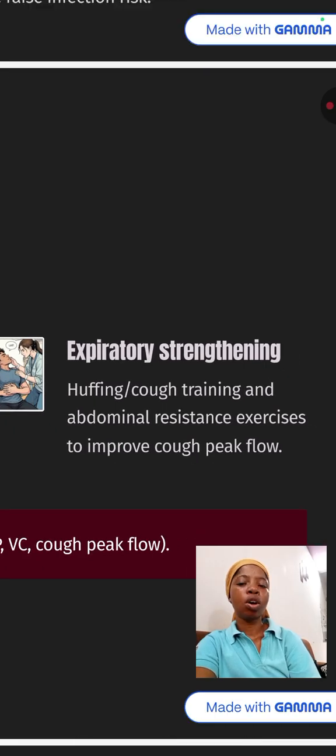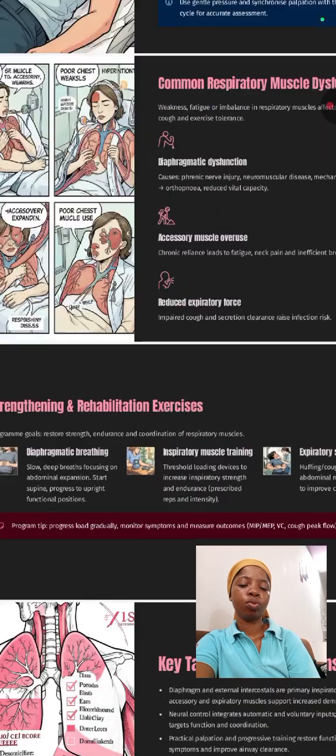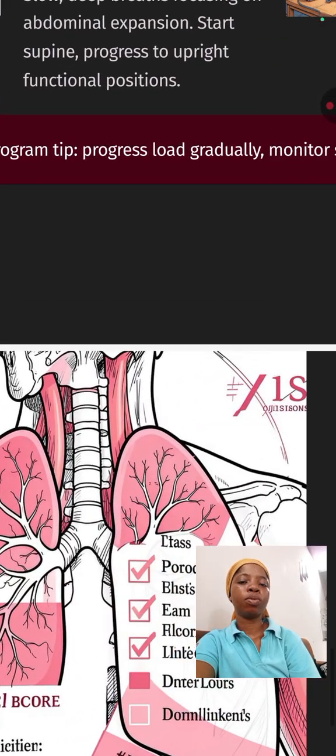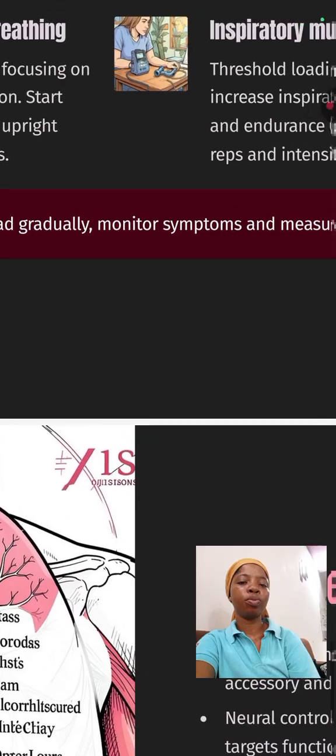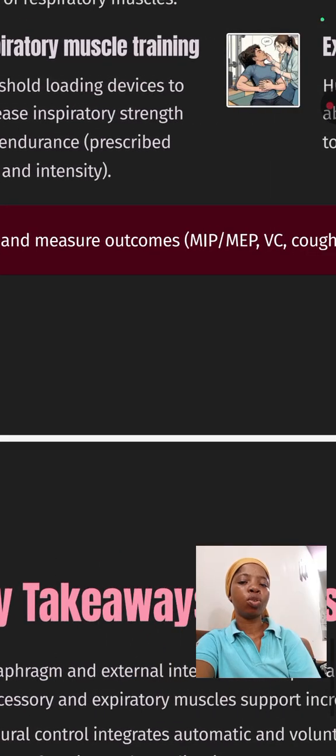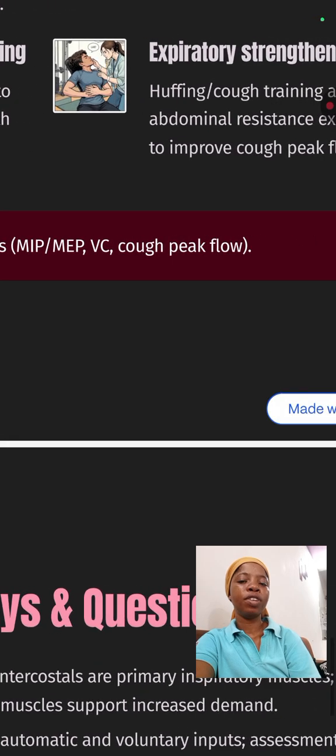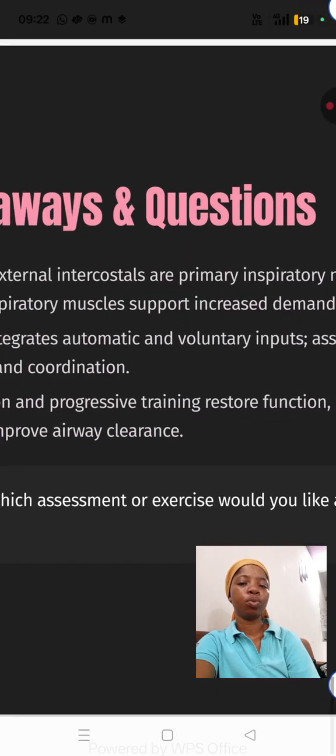Expiratory strengthening: huffing, coughing training, and abdominal resistance exercise to improve cough peak flow. Program tips: progress slowly, gradually, monitor symptoms and measure outcomes: PImax, MIP, MEP, VC, cough peak flow.